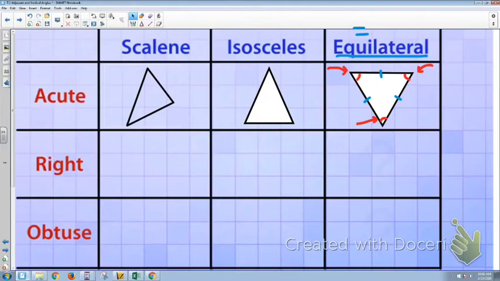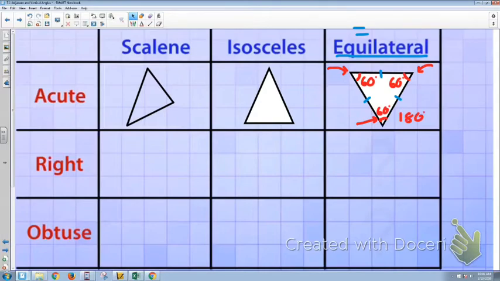So the angles are all equal to each other and the side lengths are all equal to each other. We can go even further than that and say, I know exactly how much these angles are worth. Every equilateral triangle will always produce angles at 60, 60, 60. The reason why that's true, and we'll get into this in a later discussion, is because the sum of the interior angles of any triangle, every triangle, always comes out to be 180 degrees.